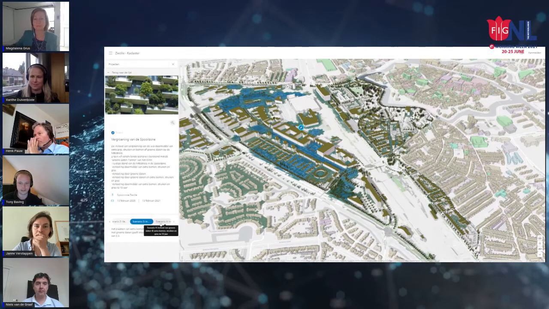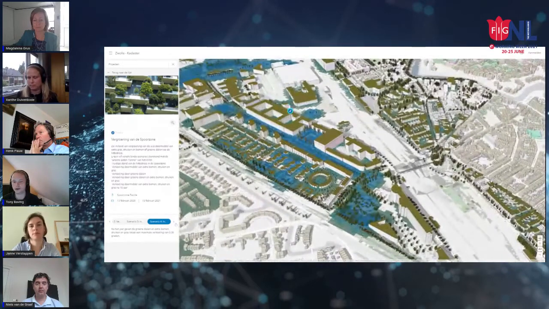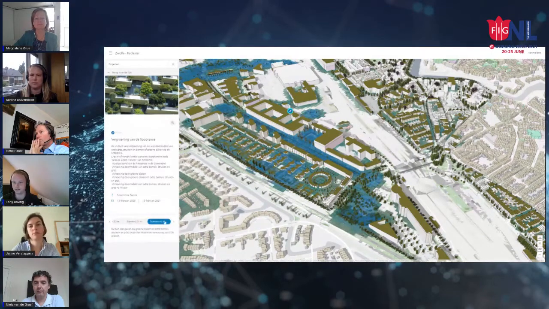And then we have the combination of scenario 3. And then we look, okay, what will be done in 10 years? The other thing is, it's a maximum cooling of 0.3. And when we get a scenario with the green roofs and the trees in the area, we have a maximum cooling of 0.3.